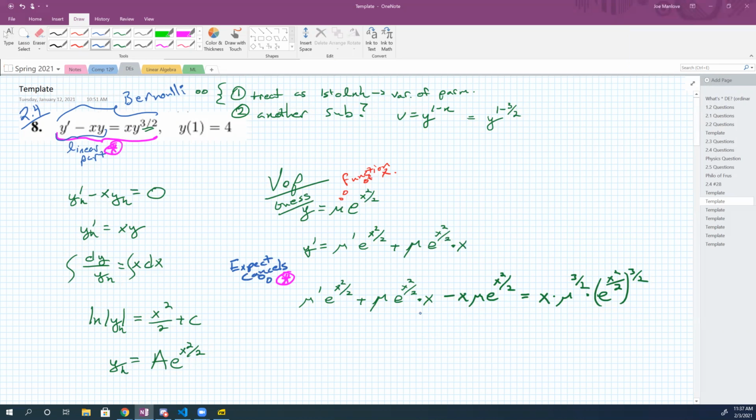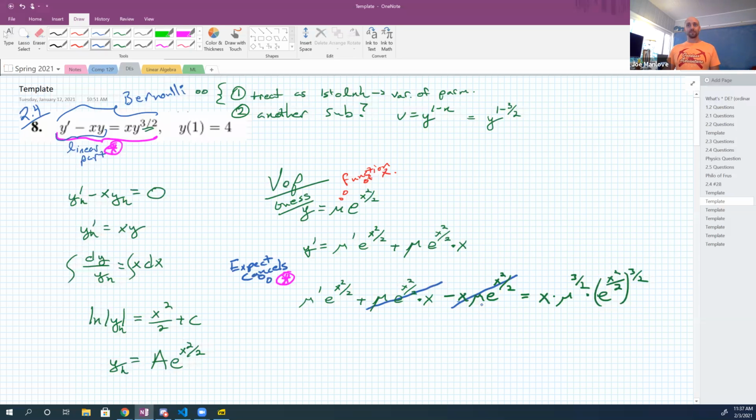Yes. Okay, so the cancellation that I'm expecting to see is right here. Those two things add up to nothing. Now, can't you also cancel that e to the x squared over 2? Can you divide both sides by that to reduce the outer exponent on the right side to 1 over 2? Yes. So I'm going to just rewrite this whole thing.